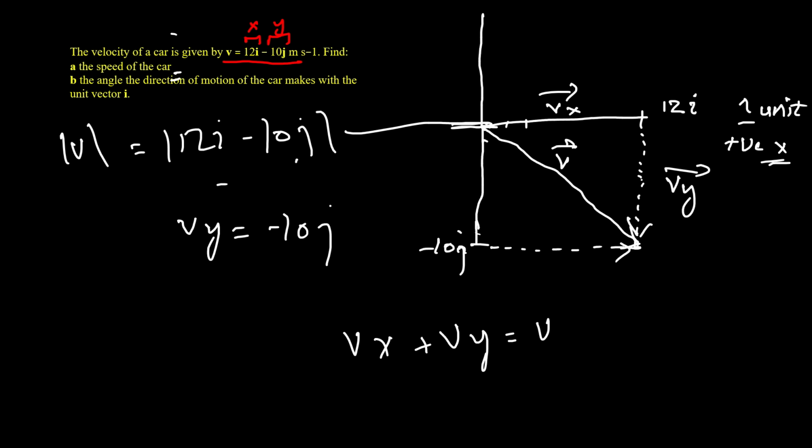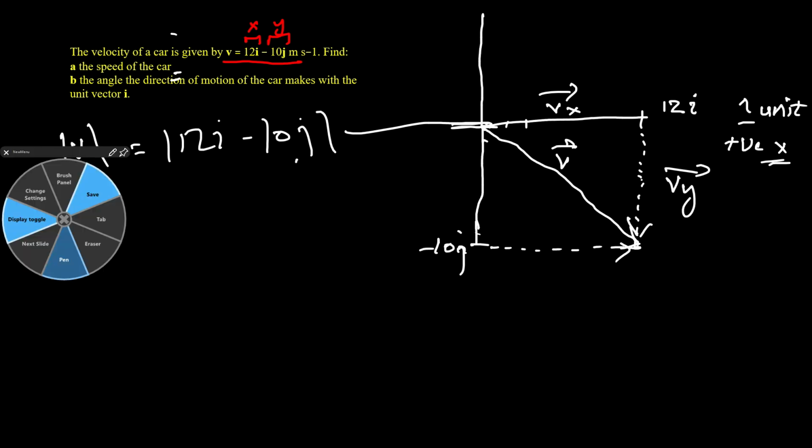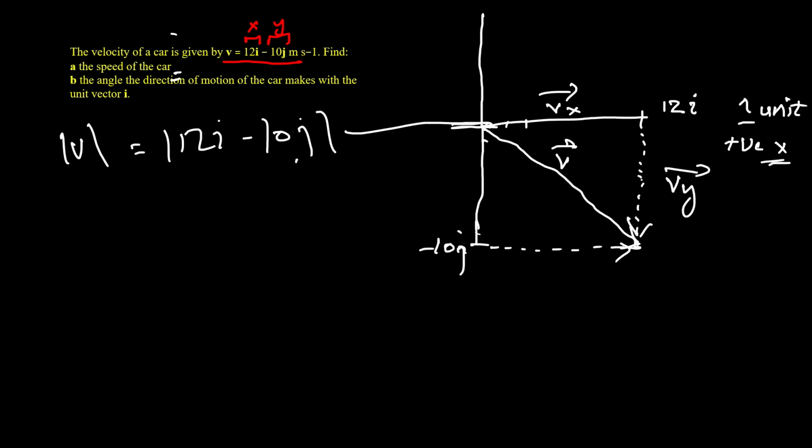So how can we calculate the magnitude of this vector? As we have already drawn this plot, we know this vector is 12 units long in the x direction and 10 units long in the y direction. So what is the total length, the total magnitude of this vector v?